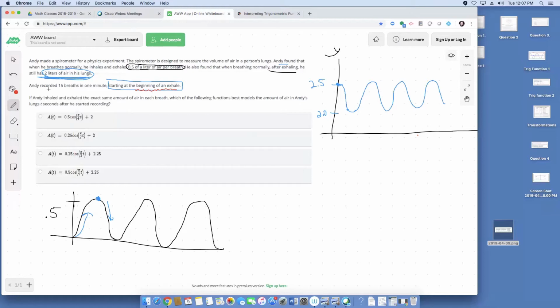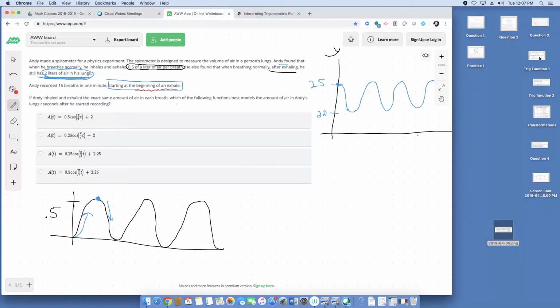So let's go through another piece of information. If Andy inhaled and exhaled at the exact same time each breath, which of the following functions best models the air in Andy's lungs after he started? So that's where our 2 other pieces come in.